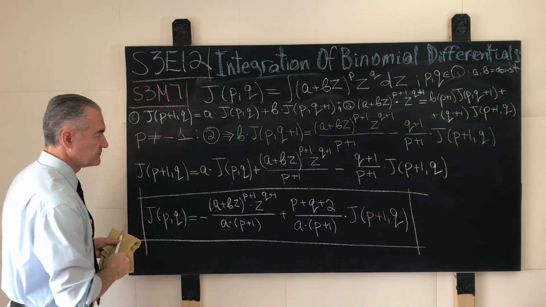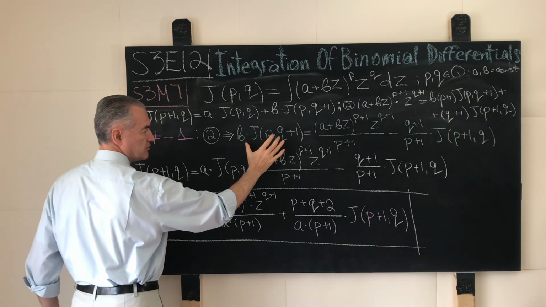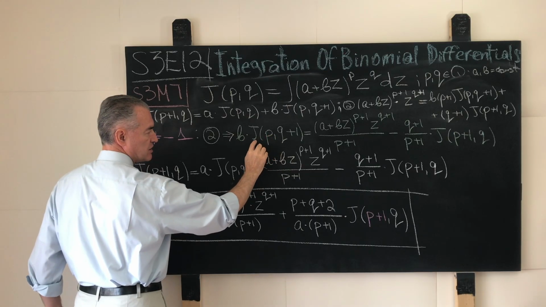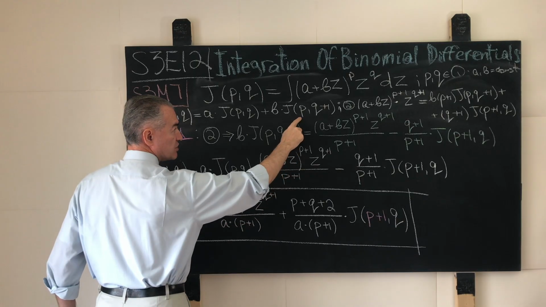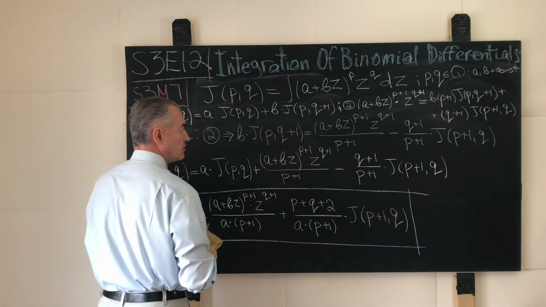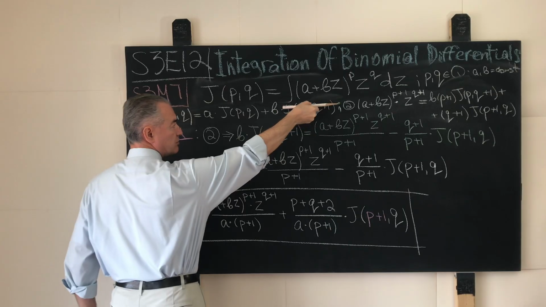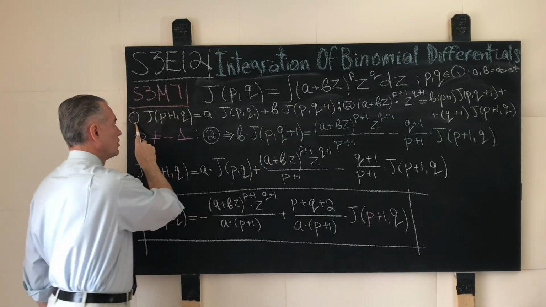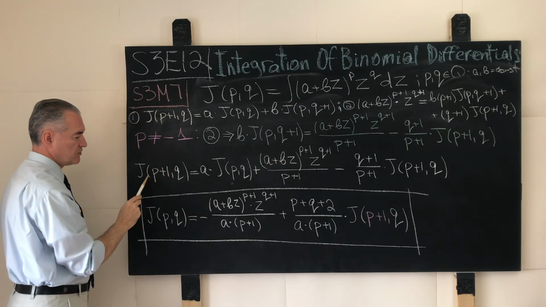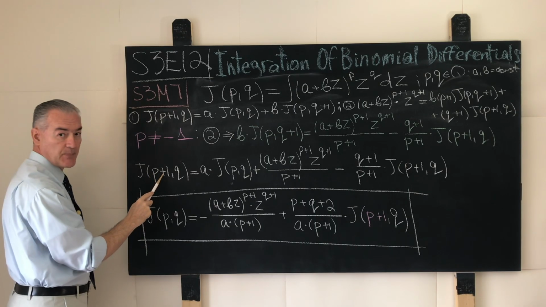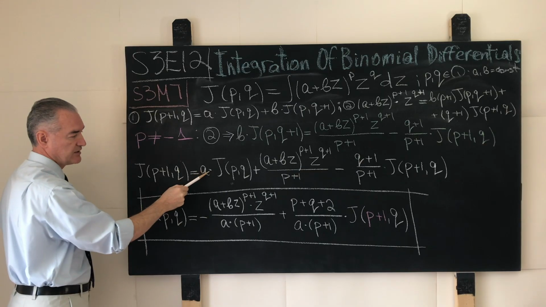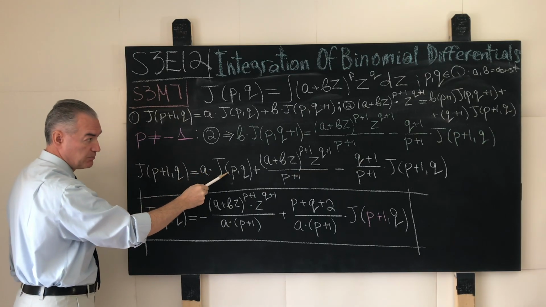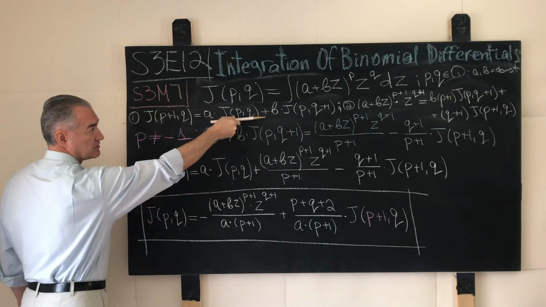What do we do next? Well, now that we have the image of b times the integral J of p and q plus 1, we inject it over here. I say this way. We take this and inject it over here in the equation number 1. So we write it down. The integral J of p plus 1, q, this is equal to a times the integral J of p and q, this guy.